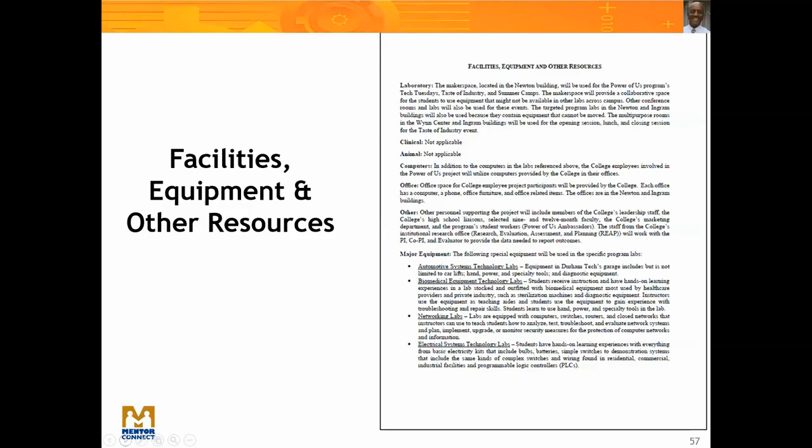And then major equipment. Advanced technology programs are very often equipment intensive. Your institution may have major equipment that will be used in implementing the grant. Or you may have a partner institution or industry working with the project and providing major equipment for your students. That would be nice.